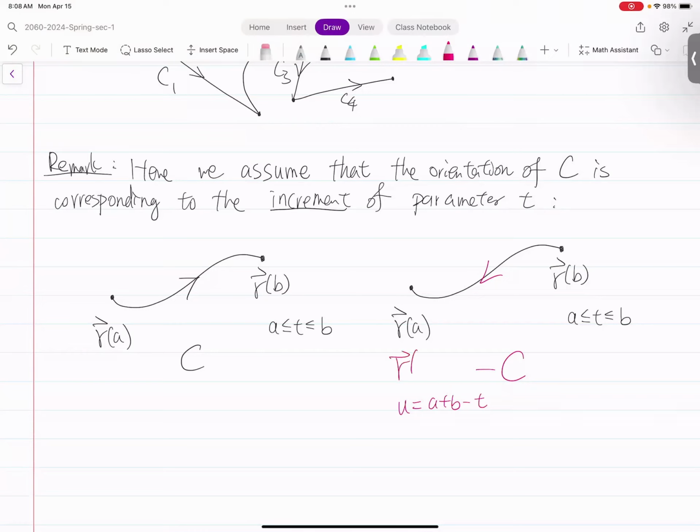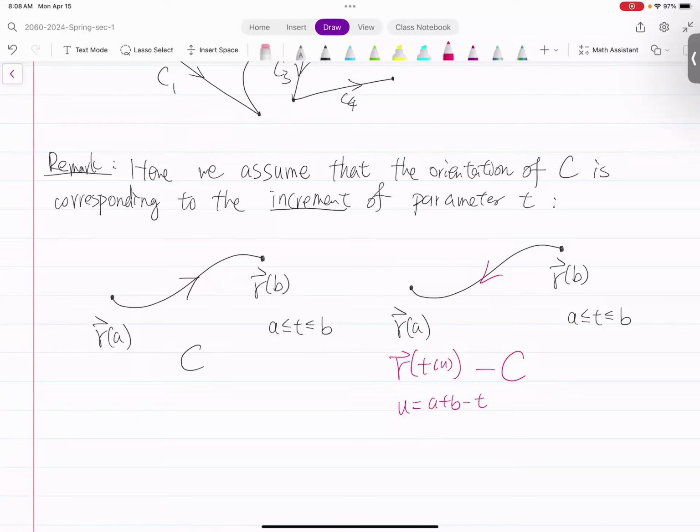So basically you are using the same vector function, but you just parameterize it in a different way. So this is a plus b minus u, we can name this function t of u.